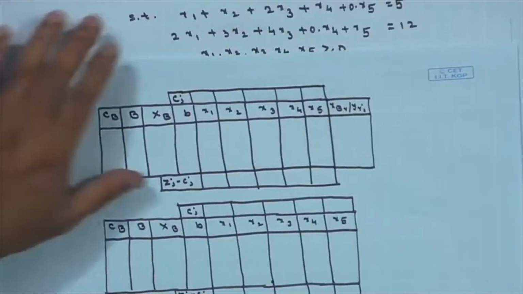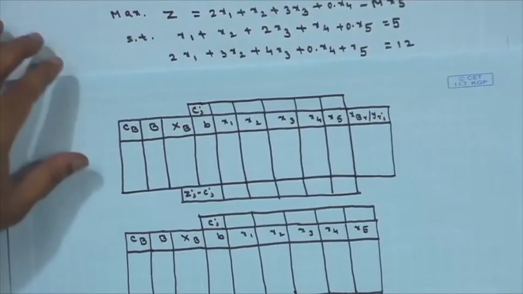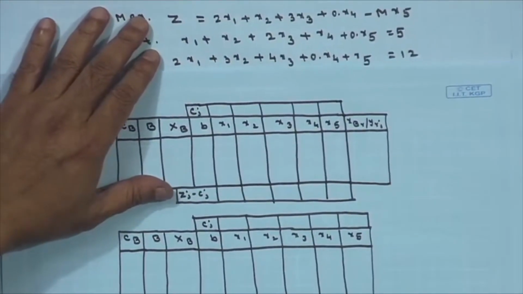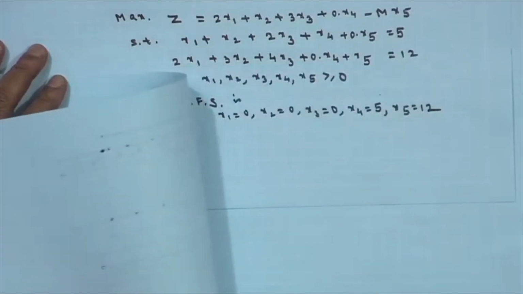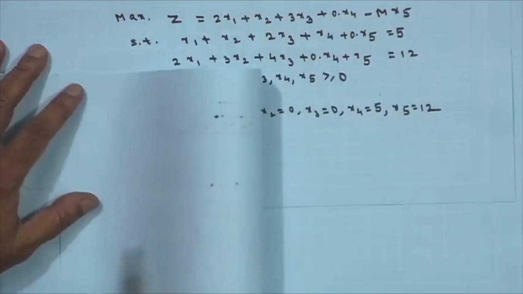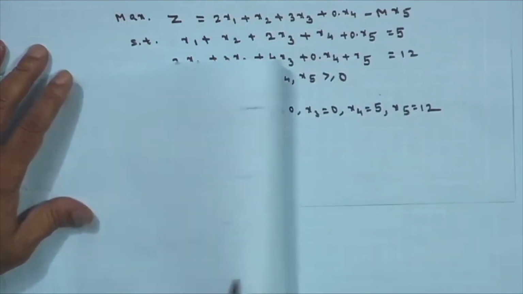Let us see this one. Yeah, now it is visible. From here, in the basis two variables x4 and x5 will enter.